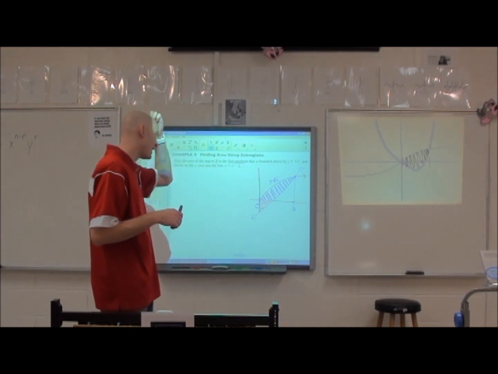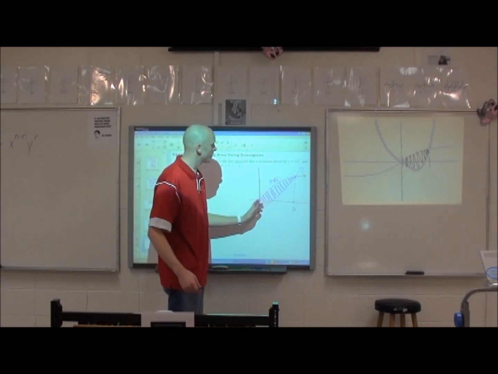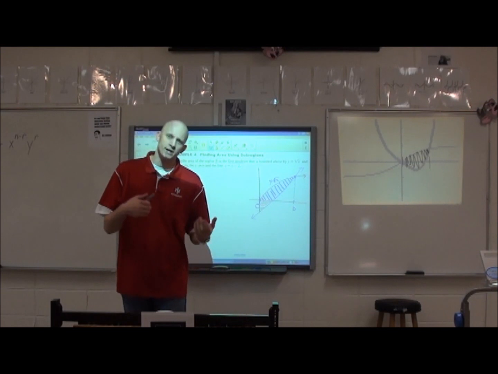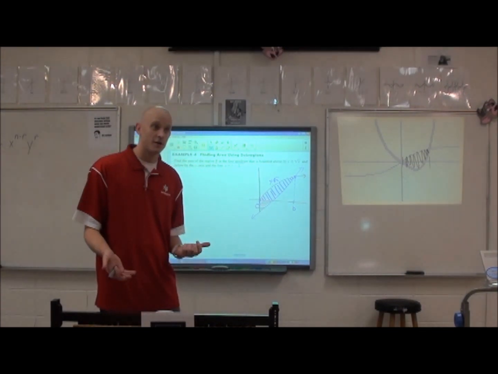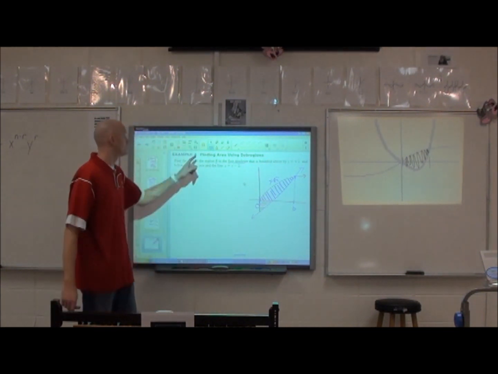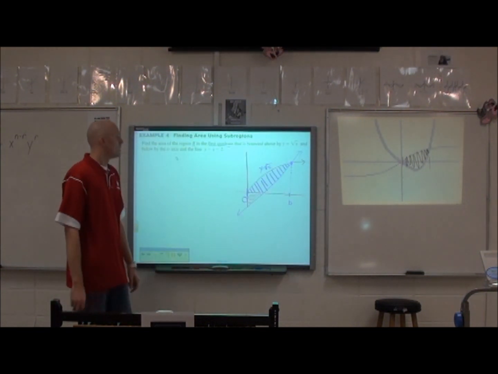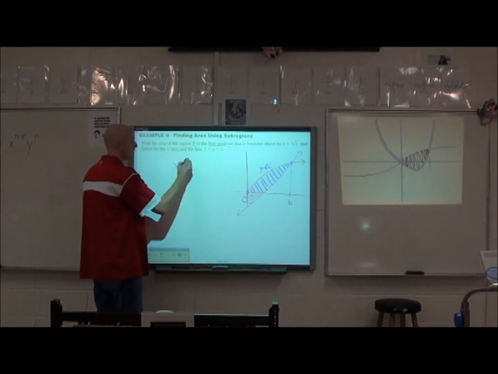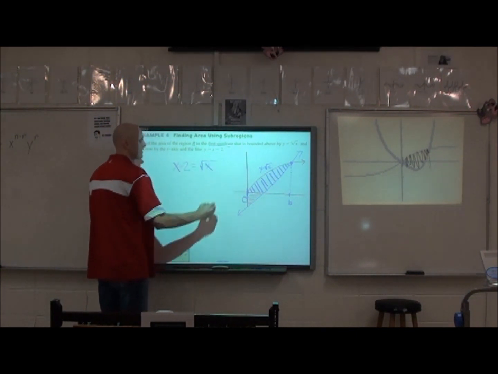Let's go ahead and find the area under the curve of square root of x from 0 to b. In order to do that, we need to know what b is. If it's not calculator active, we'll just solve it algebraically. We will set the two things equal and find out where they are equal. So I have x minus 2 is equal to the square root of x.